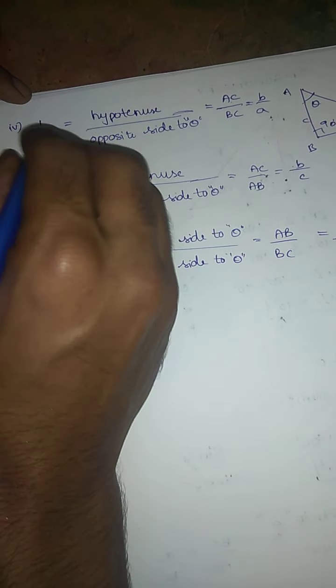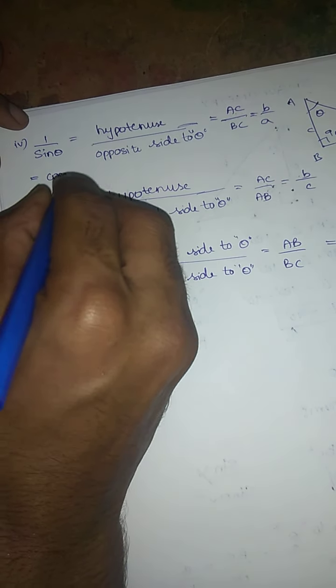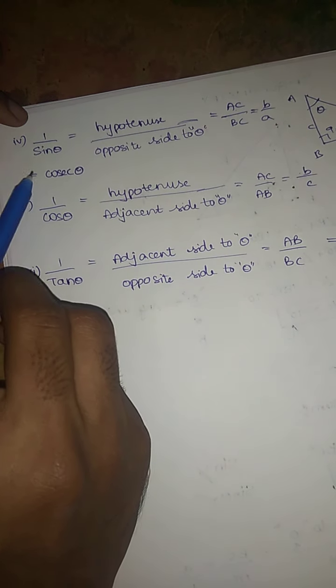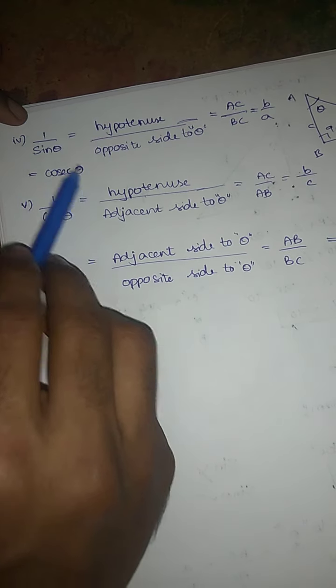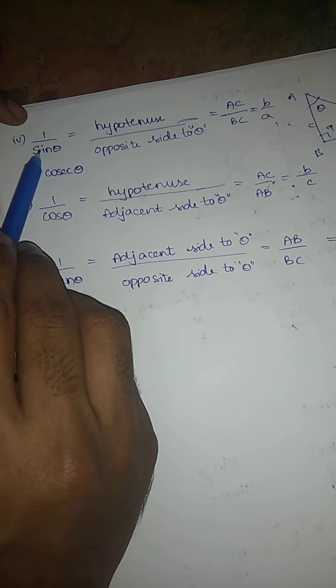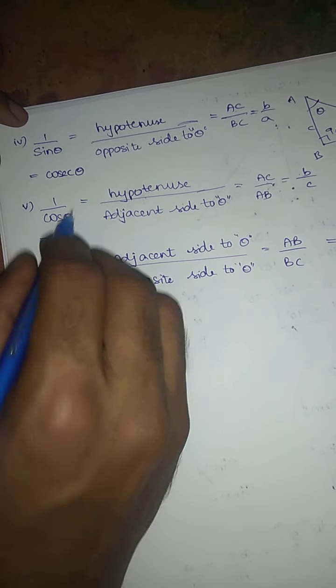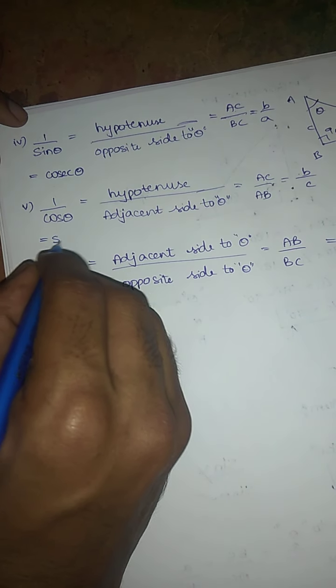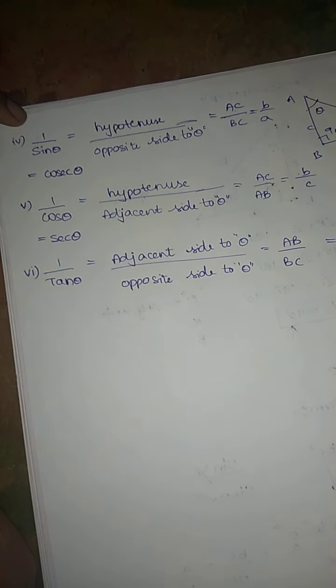If I write 1 by sin theta anywhere while doing a problem, for convenience I'll take it as cosecant theta. So it is simply cosec theta. The reciprocal of sin theta is nothing but cosecant theta. Similarly, the reciprocal of cos theta, I'll take it as secant theta.